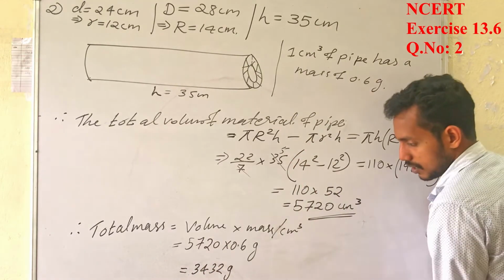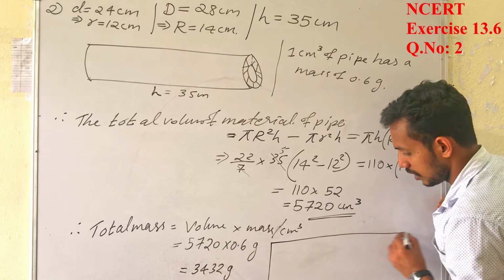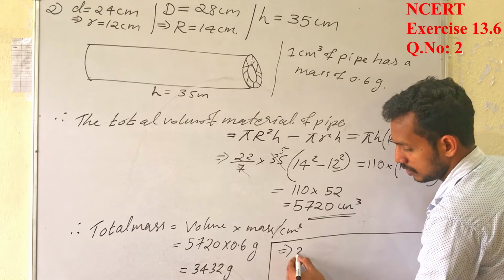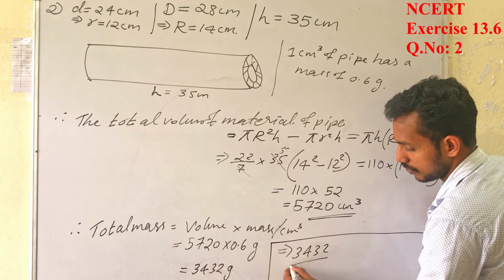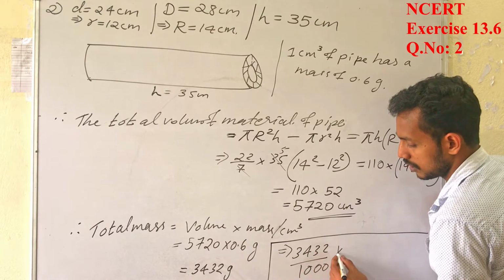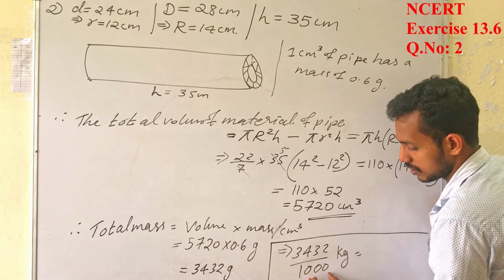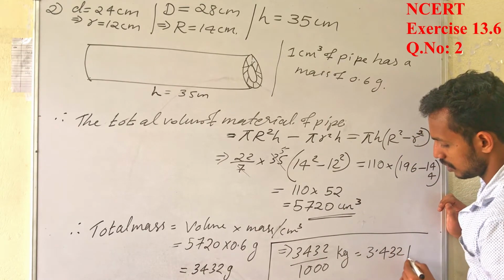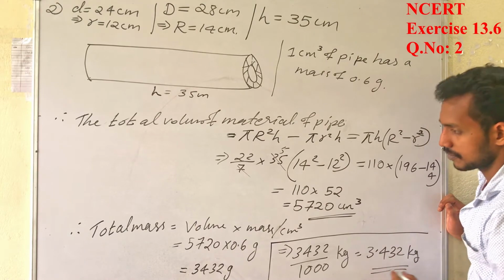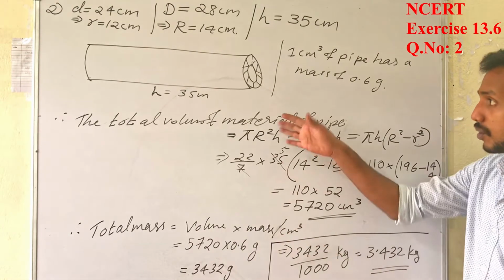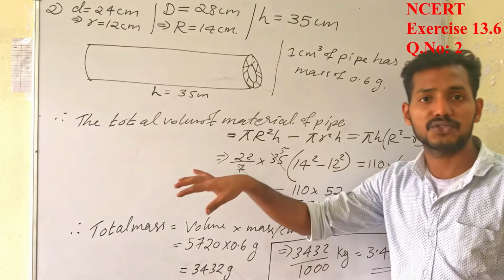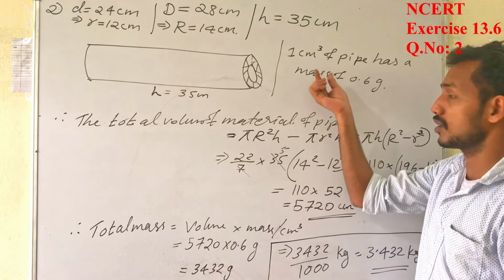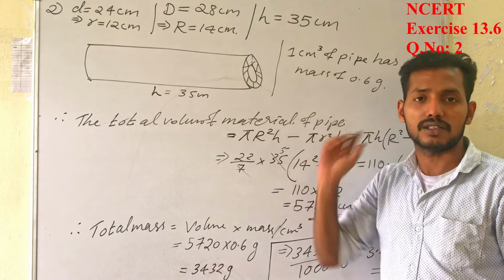In your textbook it is given in kilograms, so we can convert this gram into kilogram by dividing by 1000. That implies 3432 divided by 1000 kilogram, which is equal to 3.432 kilogram. Clear? This is one of the important questions to find the mass of the shape if the mass per centimeter cube or mass per unit volume is given.